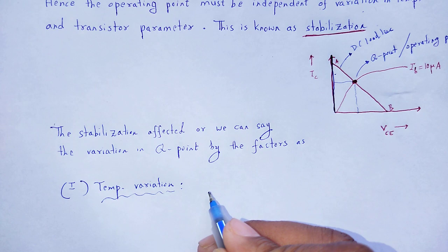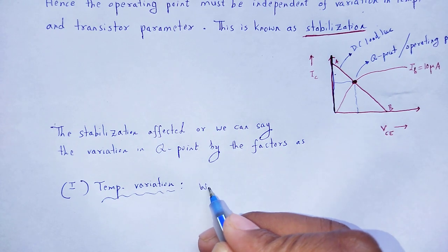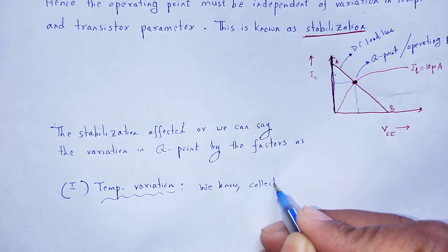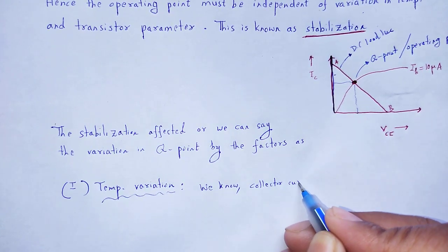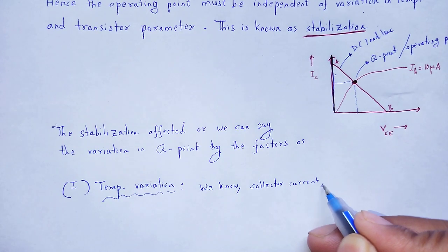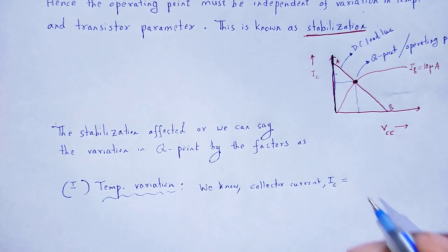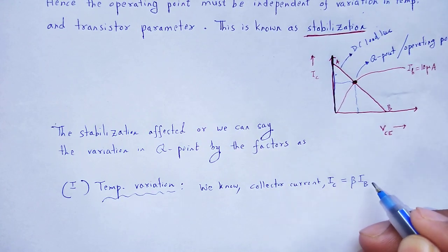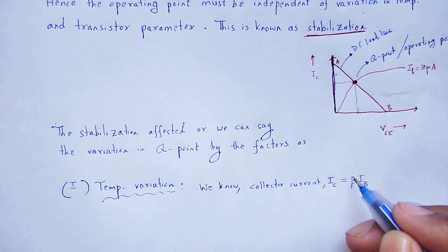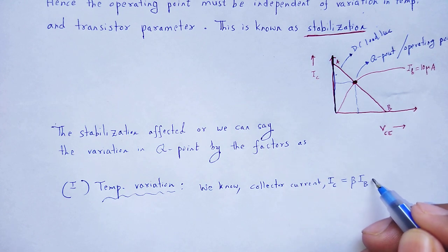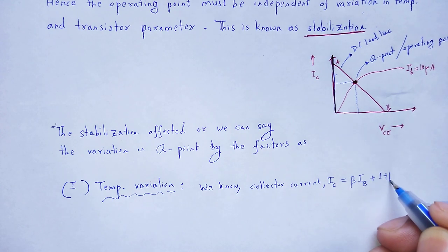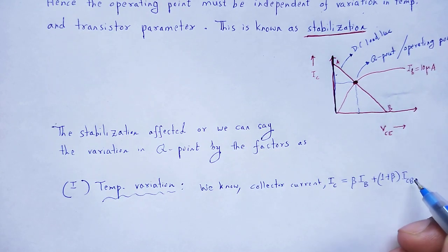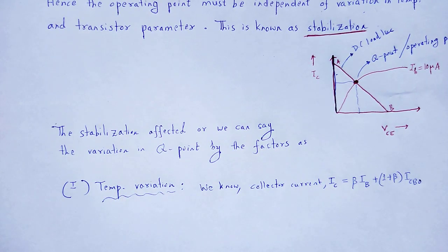We know the collector current IC is equal to beta IB, where beta is the amplification factor and IB is the base current, plus (1 plus beta) into ICBO, that is the leakage current.